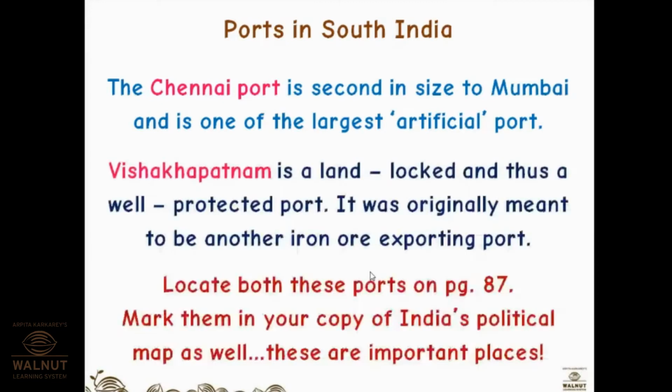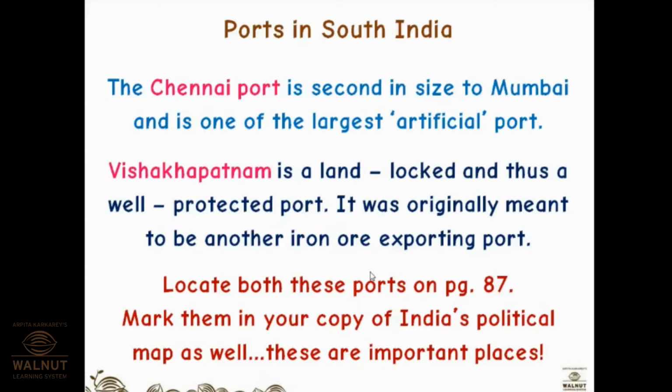Now, ports in the south. The Chennai port is second in size to Mumbai and is one of the largest artificial ports. So if they ask for one of the largest artificial ports, it is the Chennai port, and it is second in size. The first in size is Mumbai, and the second is Chennai.